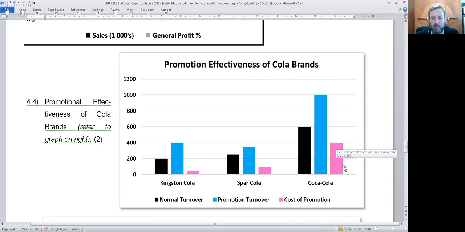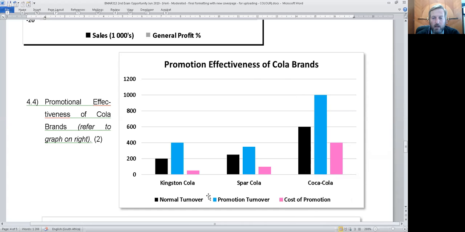So the cost of promotion for Coca-Cola would have been 400 Rand, and our sales, because of spending 400 Rand, went up from 600 to 1,000.